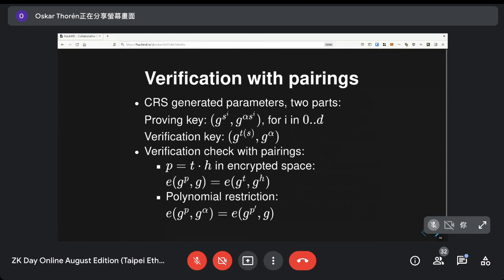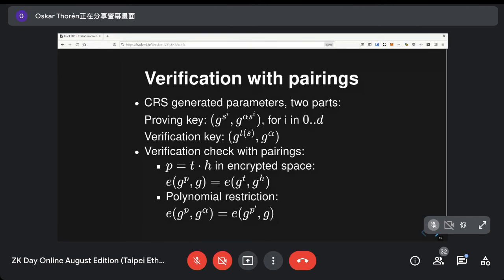So how does it work with cryptographic pairings? You have this common reference string. You generate these parameters, and we can split it up into two parts: a proving key part and a verification key part. Essentially, you do the verification check as before, but now with pairings.